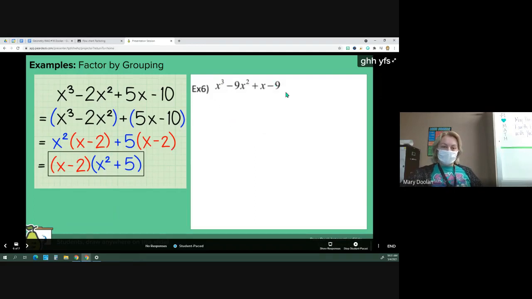So we're going to try that with this example here. This is a polynomial. It has 1, 2, 3, 4 terms. I look for a GCF. There's no one thing that all 4 of these have in common. So I'm going to try factoring by grouping. So first thing I want to do is group the first 2 terms together and the second 2 terms together.